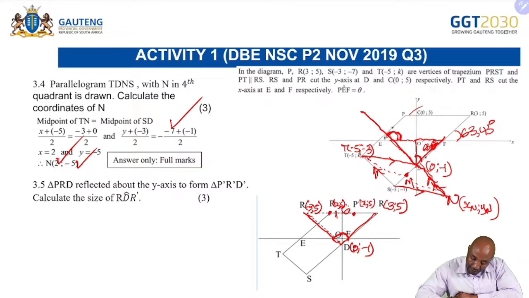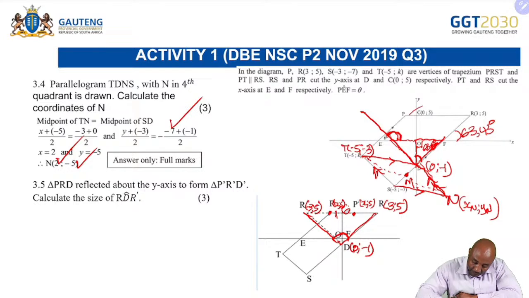So if I use the sum of angles in a triangle, if this is 63.43, this one will be 90 degrees because it's a right angle. If I look at triangle OFD, I'm able to get this smaller angle here.